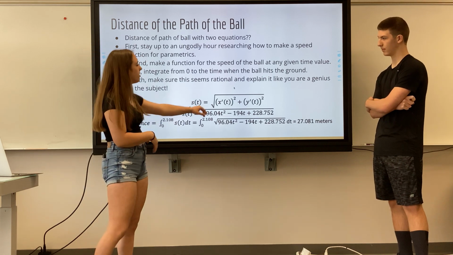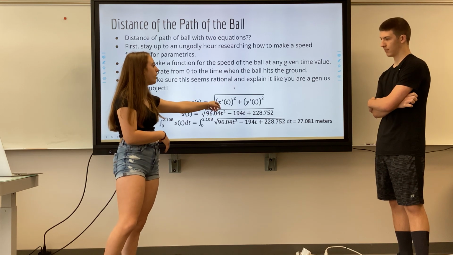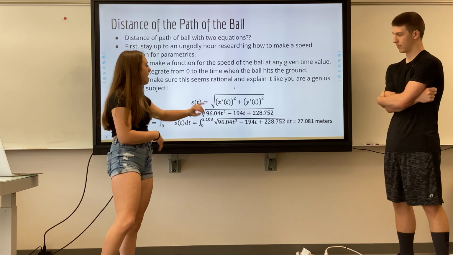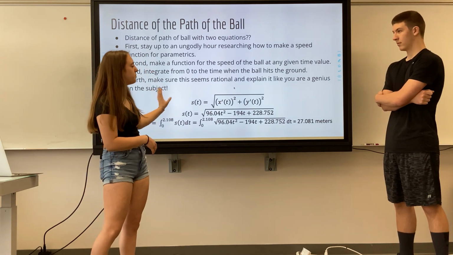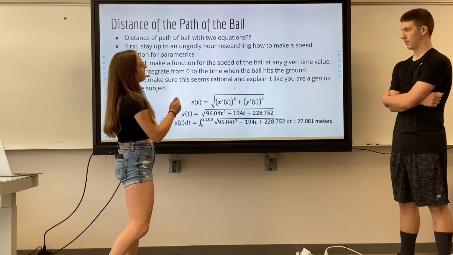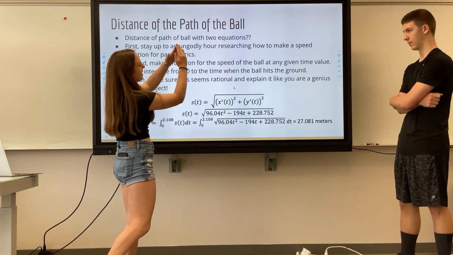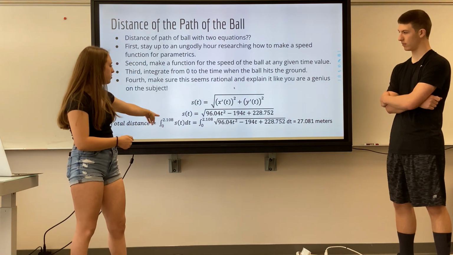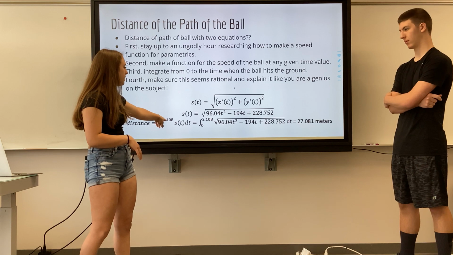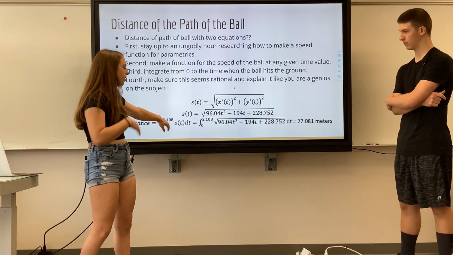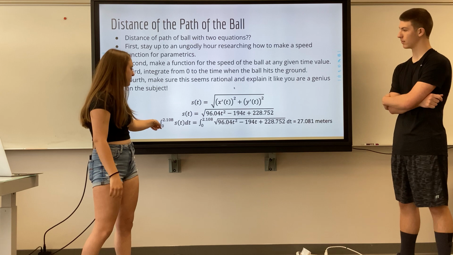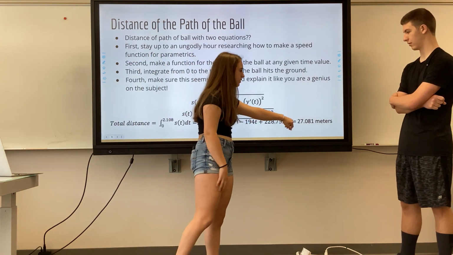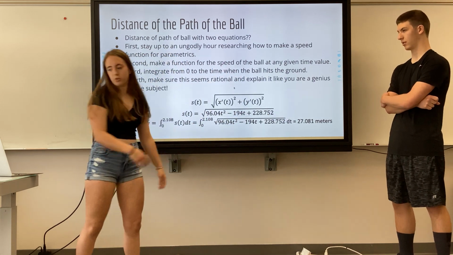Basically you take the derivative of your x of t function squared plus the derivative of your y of t function squared, and that gives you the speed, because it's like a triangle. So it's basically finding the speed at every point. Then using that, I figured out about when the ball hit 0 for the height, and integrated on that interval to get a path of the ball distance of 27.081 meters.